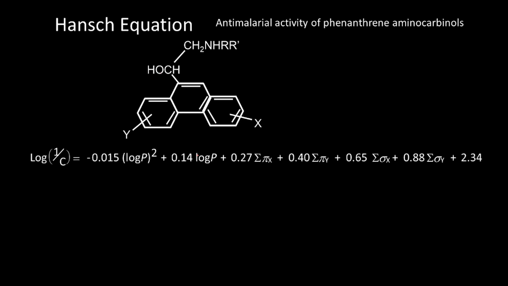Look at them. We have the log P square, log P. Then comes the hydrophobic part of it, and then we have the electronic part of it. We have 2 terms, one for sigma x and sigma y, similarly for pi x and pi y.